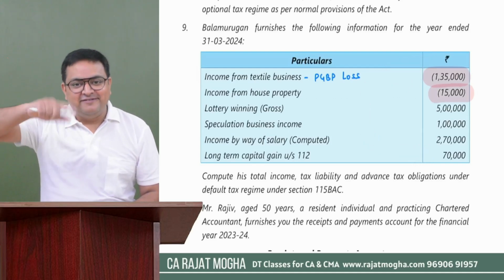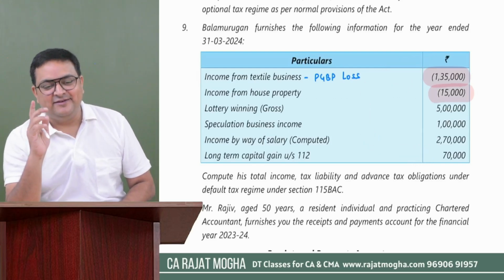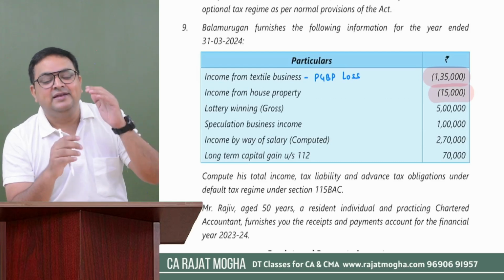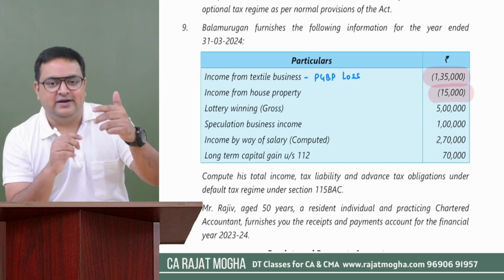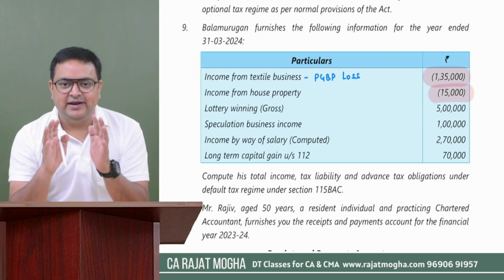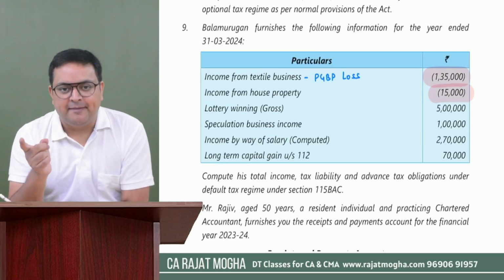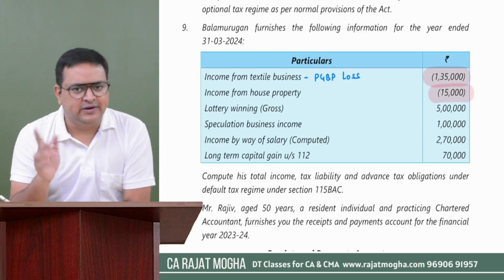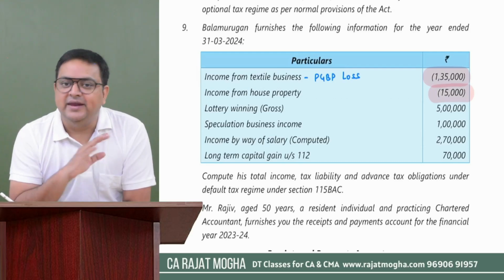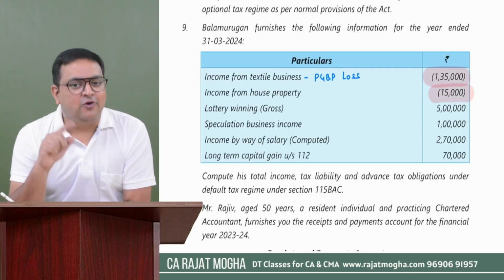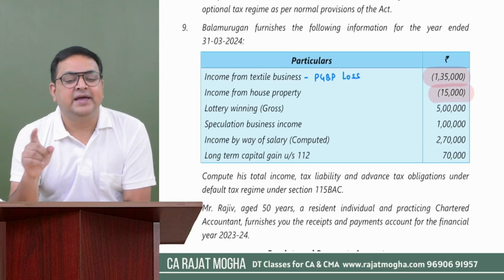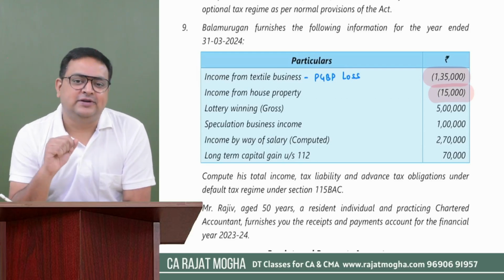If this were the reverse case, in case there is a loss under the head capital gains, then it cannot be set off from other heads, right? In fact, a short-term capital loss can be set off only from short-term capital gain or long-term capital gain, but not from any other heads. But a long-term capital loss can be set off only from long-term capital gain, nothing else, not even short-term capital gains.